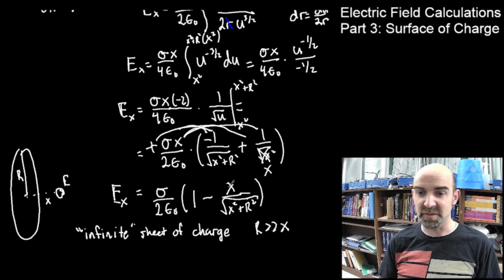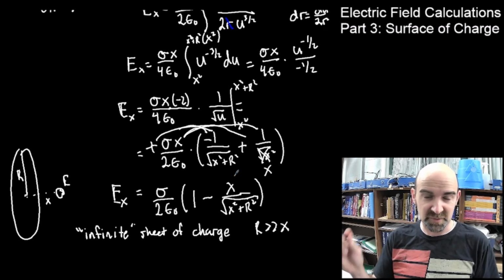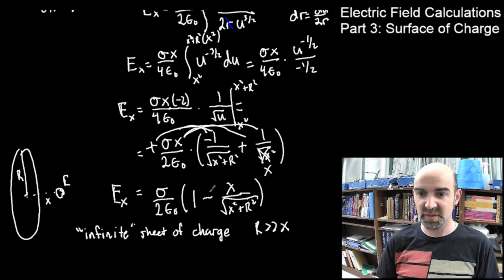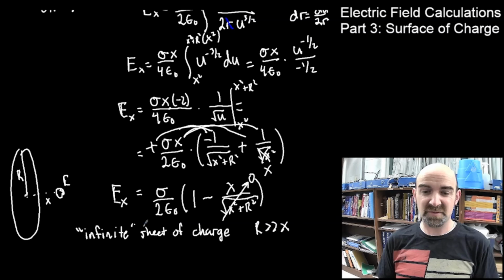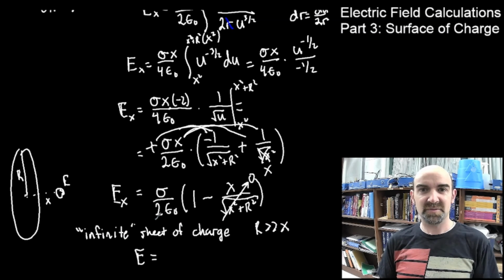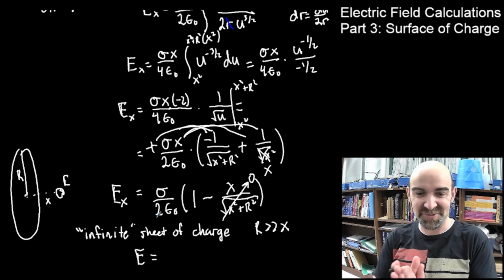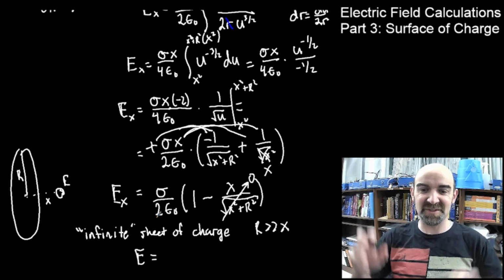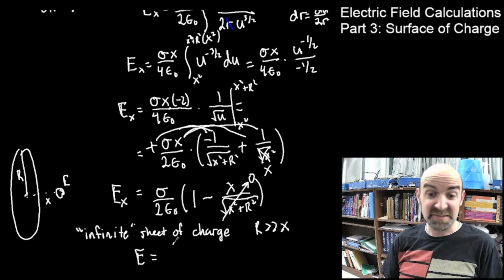This whole term here approaches 0 as we get closer and closer in. All right, this becomes a 1 divided by a very large number, and we get a 0. So what's the solution look like? It just turns into this, the electric field very close to a sheet of charge. In other words, that infinite sheet of charge electric field has nothing to do with the distance.